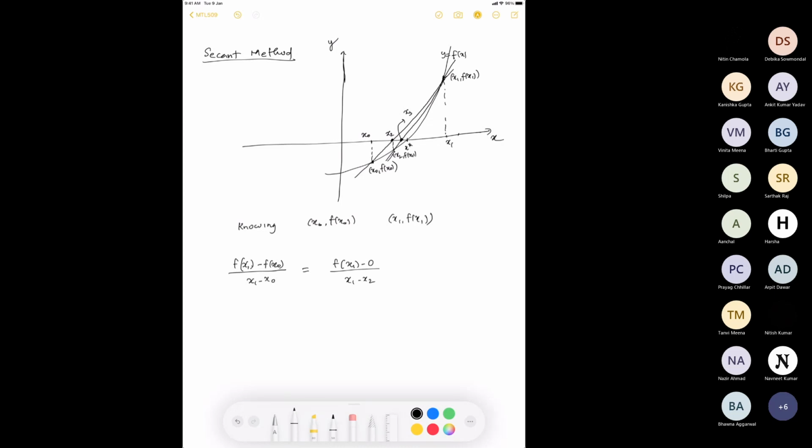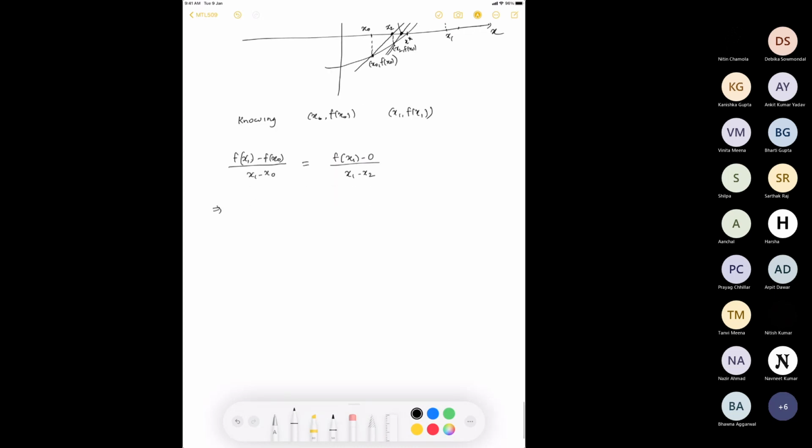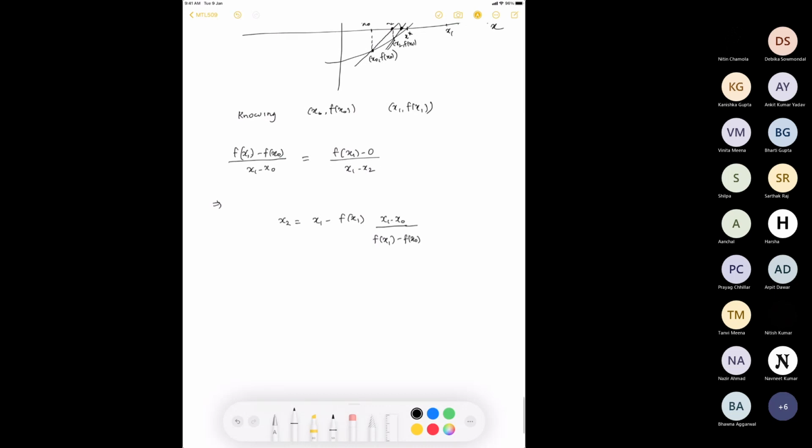From here I can solve for x2. This gives x2 = x1 - f(x1) times (x1 - x0) divided by (f(x1) - f(x0)). If you simplify this, it is nothing but (x0 f(x1) - x1 f(x0)) divided by (f(x1) - f(x0)).